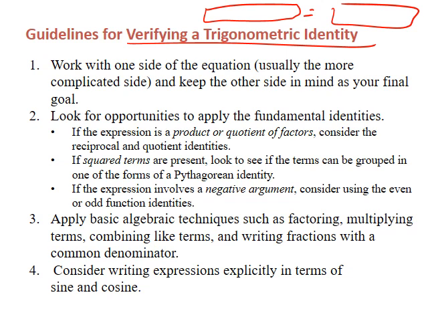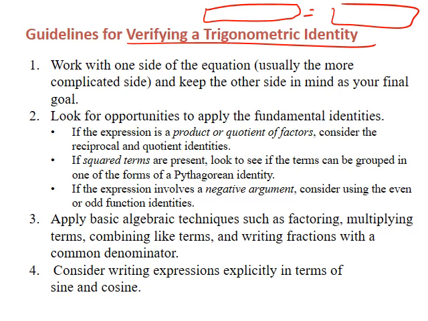Typically, we'll focus on the more complicated side, but we'll keep the other side in mind so we know what we're working towards. And we're going to take that one complicated side and manipulate it like crazy and try to get it so that it equals the more simplified side.